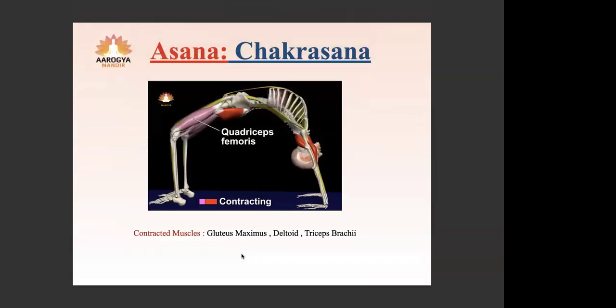There are three important muscles which are getting active here. One, you see here in red, is the gluteus maximus. It should contract. So while you're in Chakrasana, make sure to contract your buttocks properly. The second muscle is the deltoid.